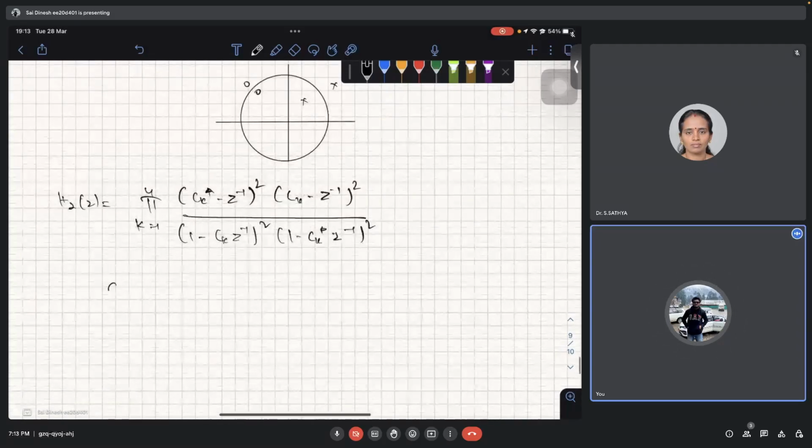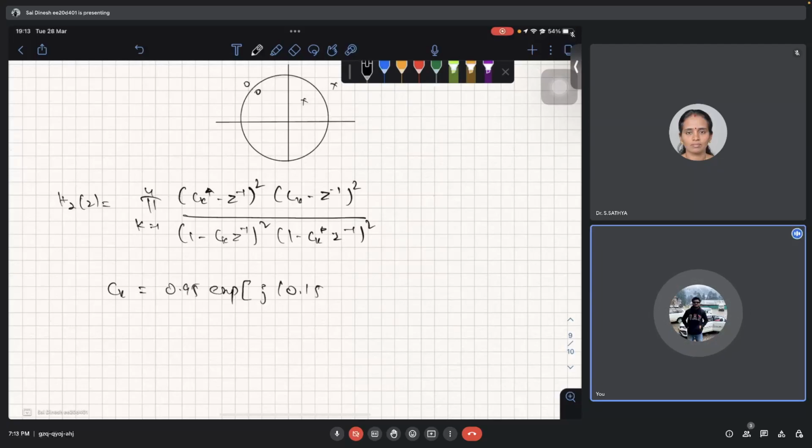And then Ck is 0.95 exp j (0.15 pi plus 0.02 pi k), for k equal to 1 2 3 4.